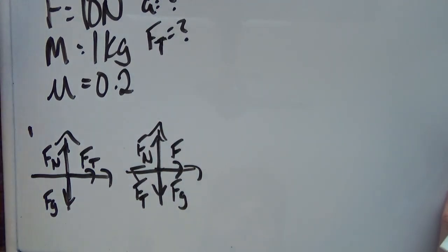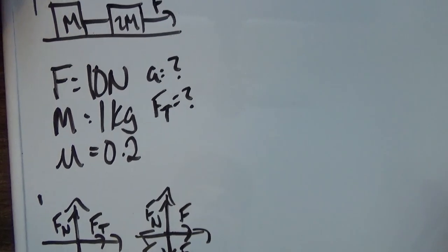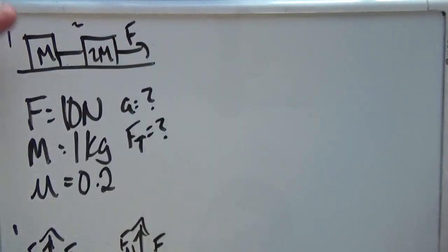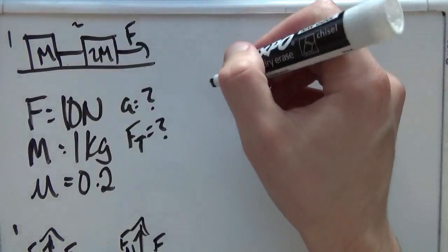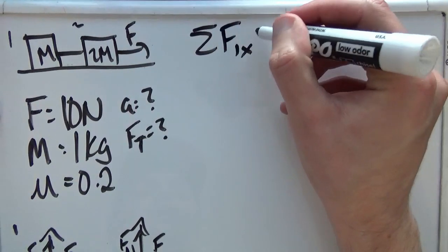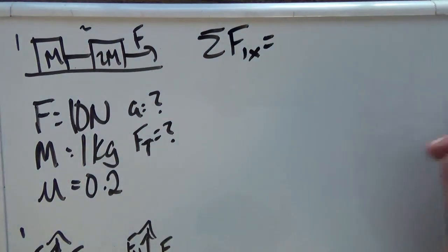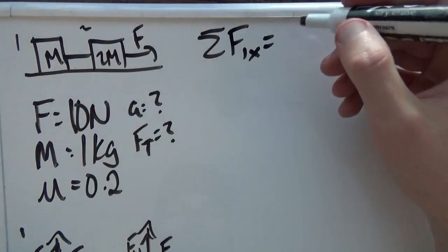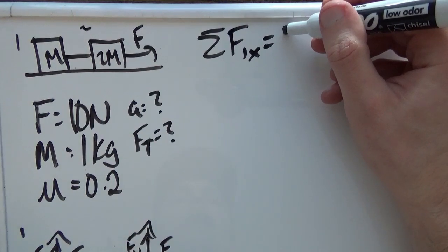Next step is writing sum of forces equations, right? And we're only really concerned about the x direction here. Nothing interesting is happening in the y direction. So the net force on block 1 in the x direction. We're assuming they're accelerating, so our net force is not equal to 0, it's equal to ma.